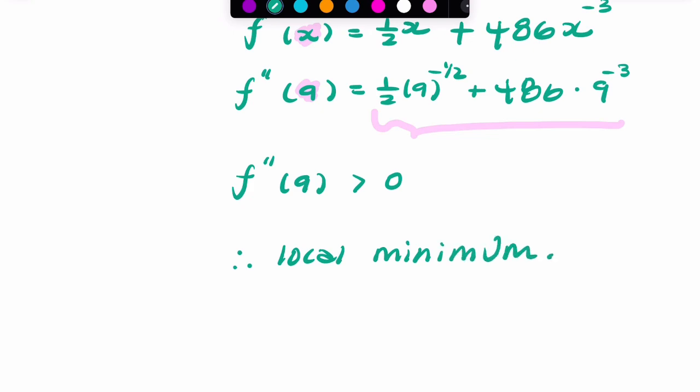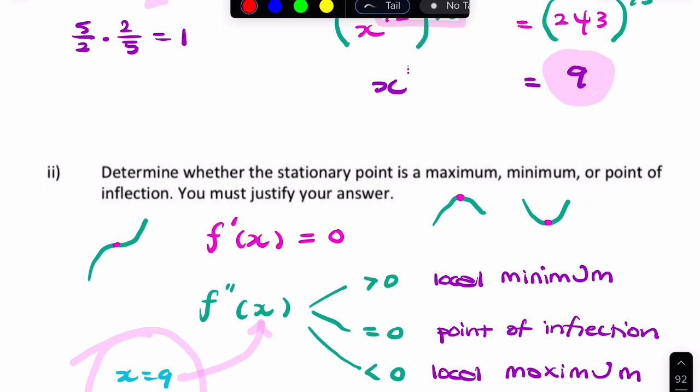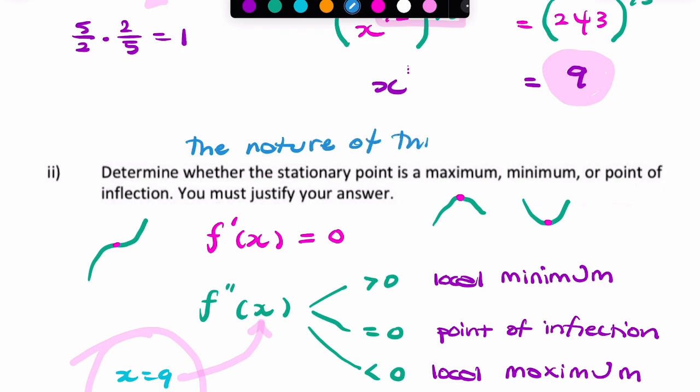Now the question, which we've now answered, asked, determine whether this stationary point is a maximum, minimum, or point of inflection. That's a very helpful way of asking the question. You might find a question that says, determine the nature of this turning point. So they might just say, determine the nature of this point, and then none of this detail is helpful.